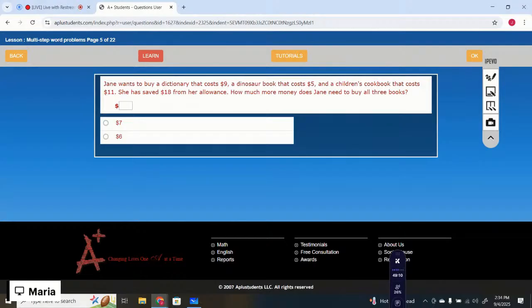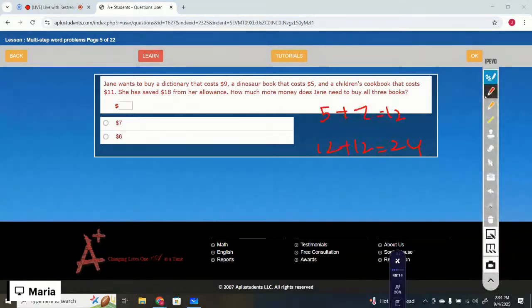Jane wants to buy a dictionary that costs $9, a dinosaur book that costs $5, and a children's book that costs $11. She has saved $18 from her allowance. How much more money does Jane need to buy all 3 books? $25 she needs to buy all these things.